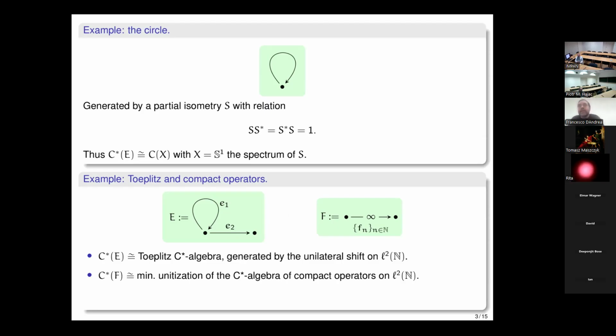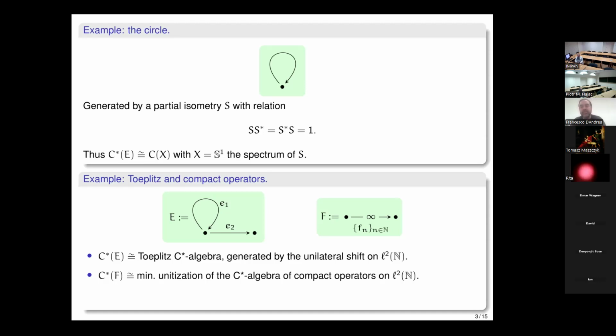So the second graph, C star of F, the graph C star algebra, is the minimal unitization of the compact operators. And also here everything is explicit. You can send each partial isometry attached to these arrows to an infinite matrix, to a matrix unit. So an infinite matrix which has only one element equal to 1 and everything else equal to 0.